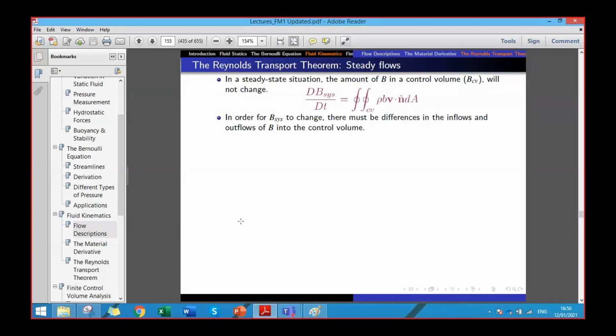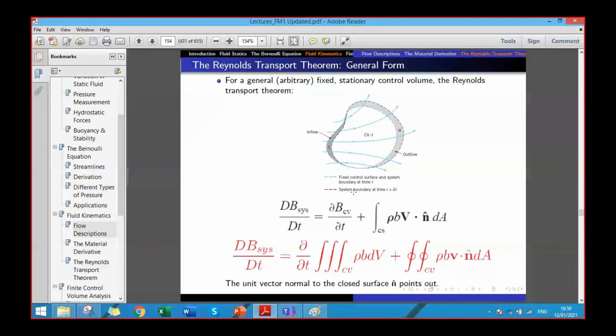It is what is happening inside the control volume. The control volume is fixed, and the system equals the control volume, because there is only inflow and outflow and no source or sink within the control volume. Do you understand this?